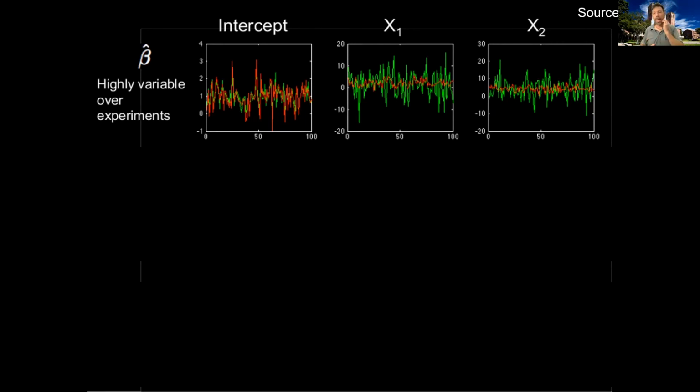But because x1 and x2 are so correlated, you could get an infinite number of possible values, and they're all equally good. So sometimes beta 1 is down here and beta 2 is up there. Other times, beta 1 is up here and beta 2 is down here. In one estimation, beta 1 was minus 18, and in another estimation, it was plus 15. Similarly for x2, beta 2 was plus 20-something in one, and minus 11 or minus 12 in another one.